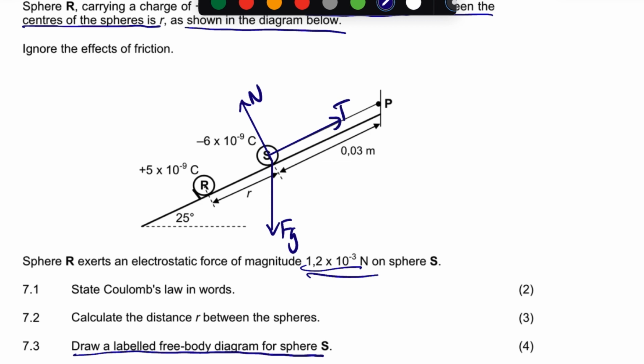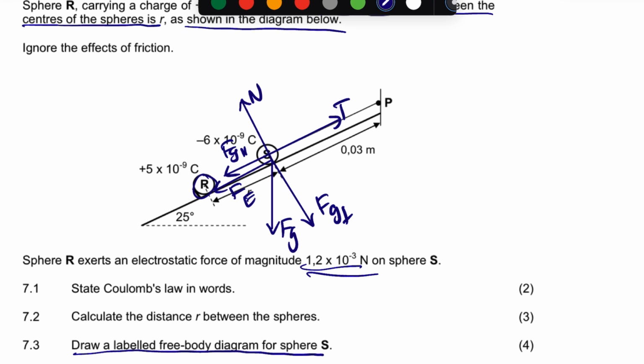It's a tension force, and then we have the FG perpendicular, that's FG perpendicular, and FG parallel there. And we have the electrostatic force, right? The electrostatic force there, which is the force that R exerts on S. And then those are the only forces that are acting there, guys.